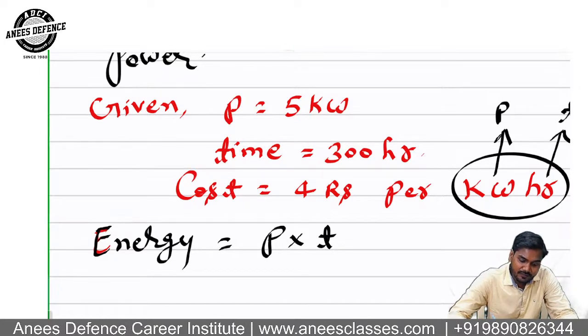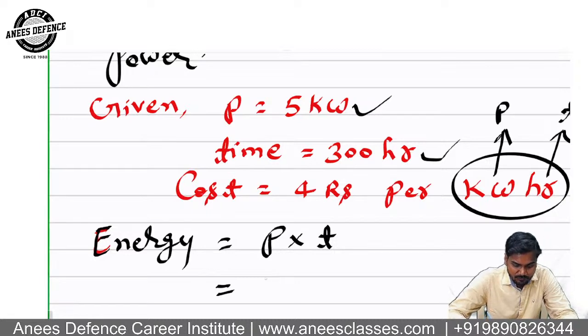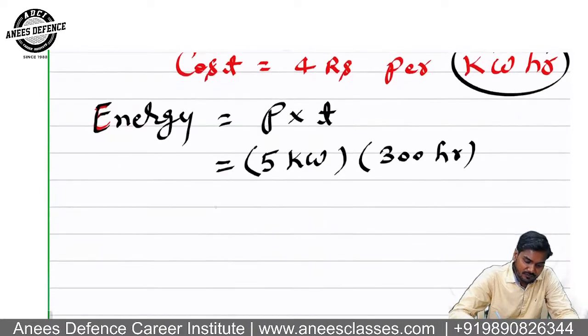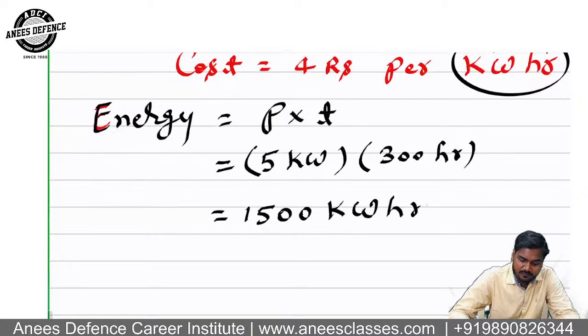The given data is already in kilowatt and hour. So energy is equal to power into time: 5 kilowatt into 300 hour, which is 1500 kilowatt hour, the consumed energy.